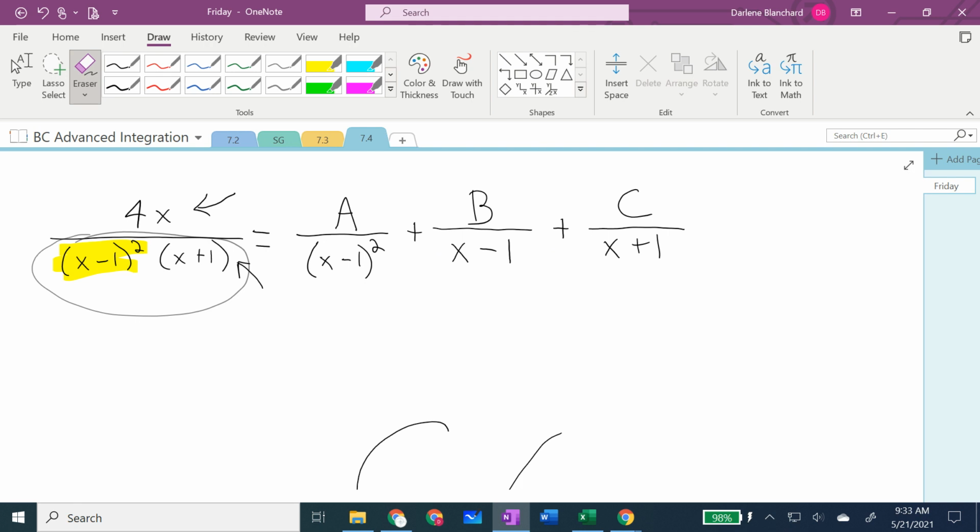Make sure you understand that if you have a linear function to a power, you are able to break it down as that linear function to whatever power you have, another denominator of that linear function to the power of 1 less, until you reach that exponent 1, like we did here. This is an acceptable way of rewriting the original rational function.